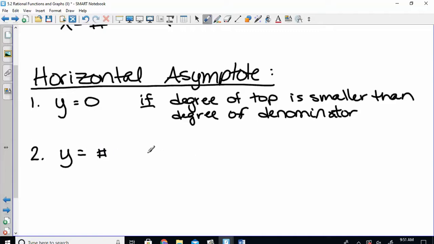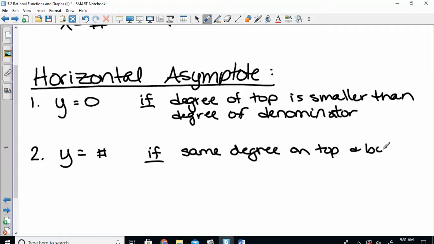You will get y equals some number if you have the same degree on top and bottom. So if we have an x squared and an x squared, to find the number, you will divide the leading coefficients.